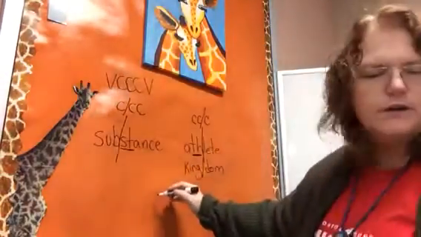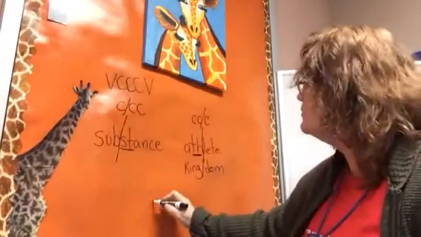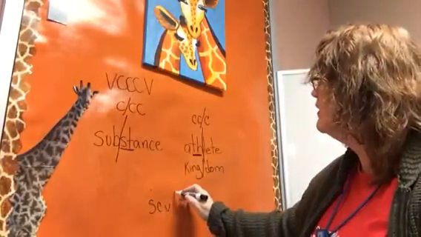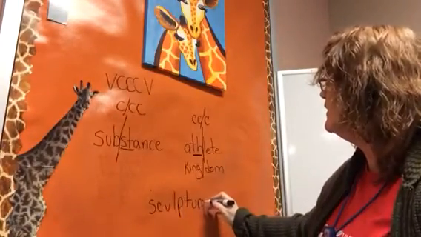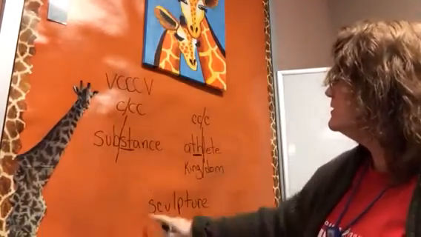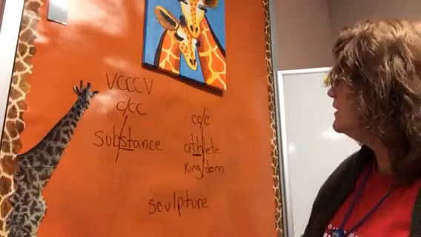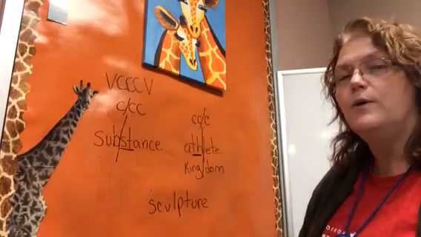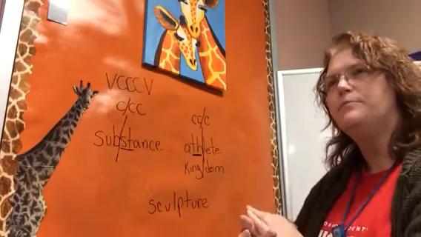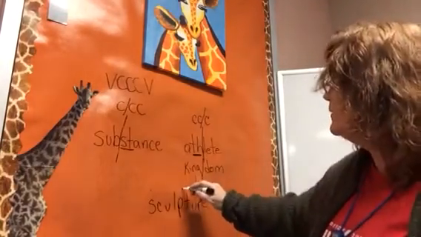Let's try another word. We'll try the word sculpture. Sculpture. I had to figure out how to say that word. Okay. So, how are you going to break this one? Say it. Sculpture. We're going to break it right here.